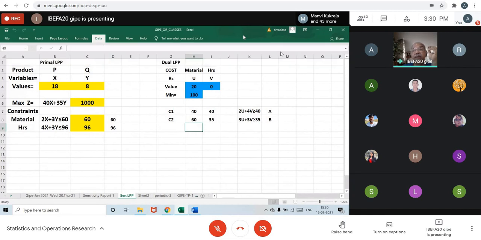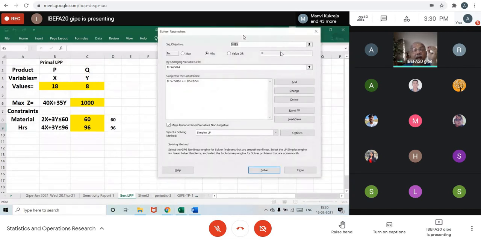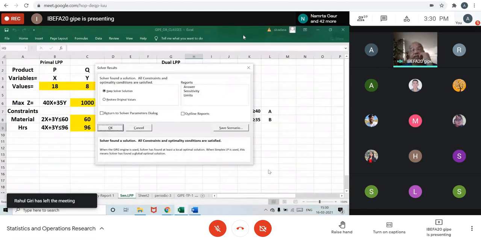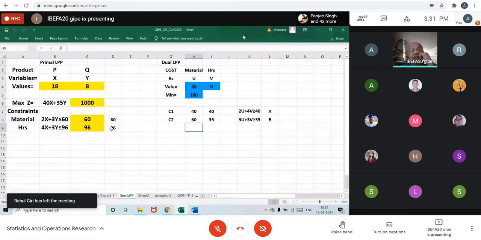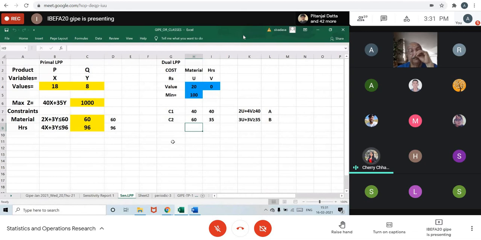Verify my constraints. Yes. So what is the final answer? So 20 units of material and 0 hours will give us the minimum cost 1000 and profit 1000 rupees.